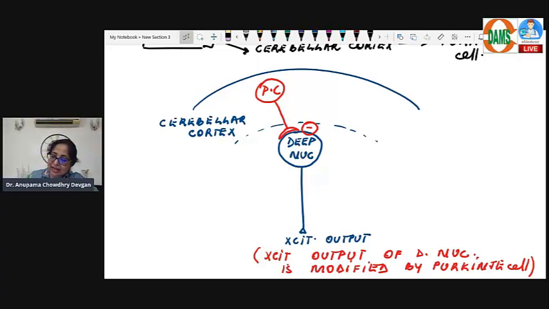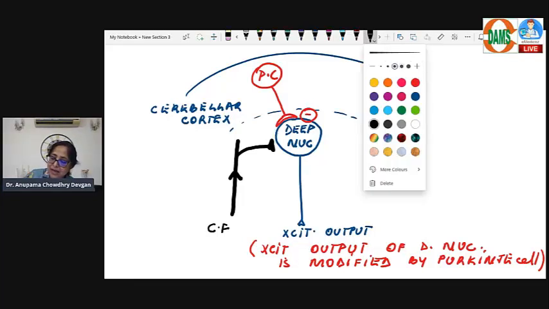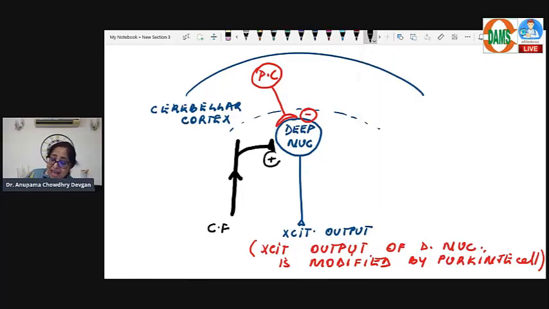Now let's see the connections, climbing fibers first. Climbing fiber is a strong excitatory input, isn't it? It is formed by only one tract, the olivocerebellar tract. As it enters into the cerebellum, it first gives a collateral to the deep nuclei, so it enhances the deep nuclear output.